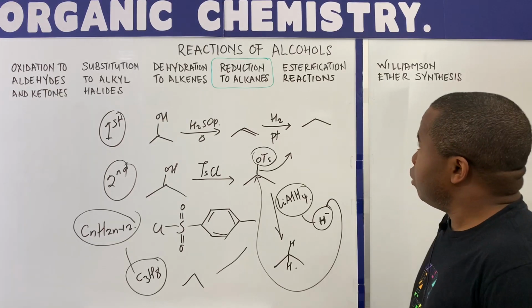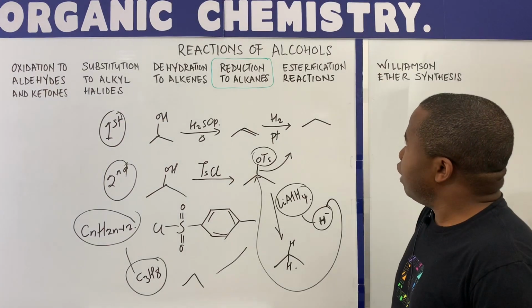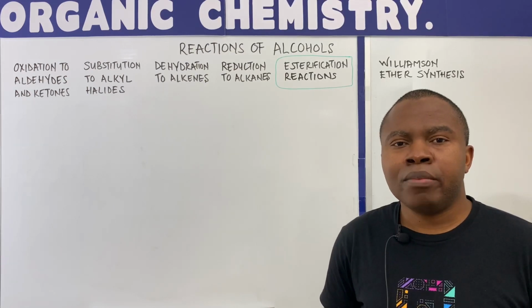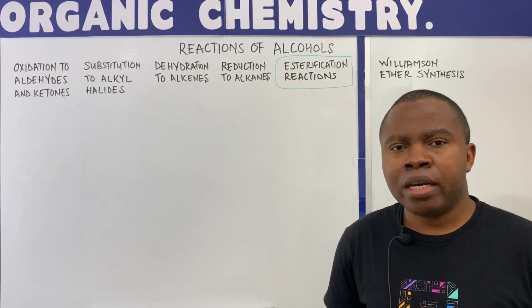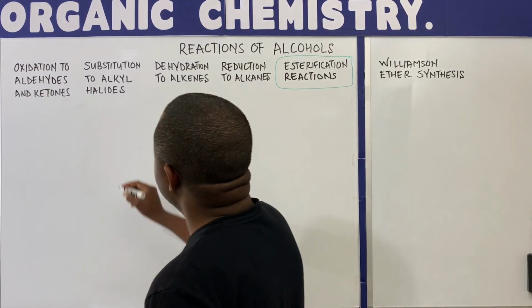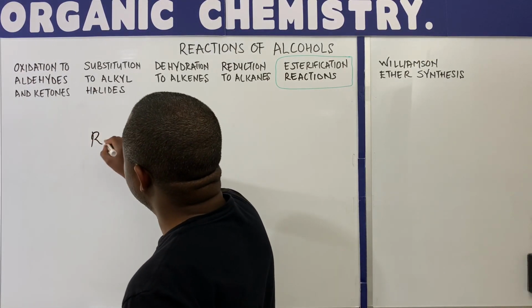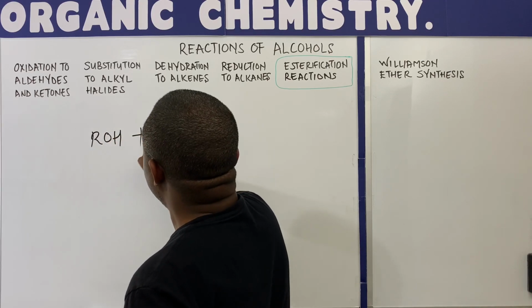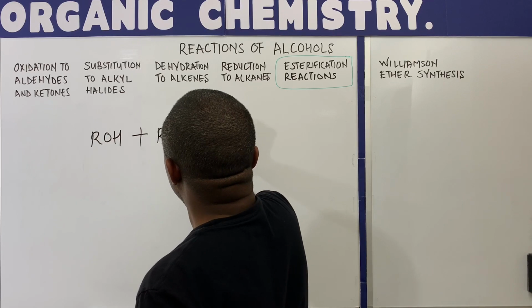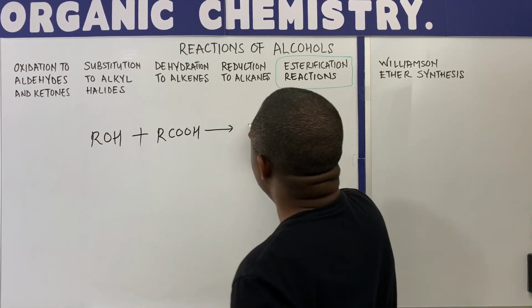The next one I'll discuss is the esterification reaction. The next reaction that I'm going to be talking about is the reaction between alcohol and carboxylic acid, and that reaction is usually catalyzed by sulfuric acid. So if we have something like this, reacting with carboxylic acid, we can usually form ester.